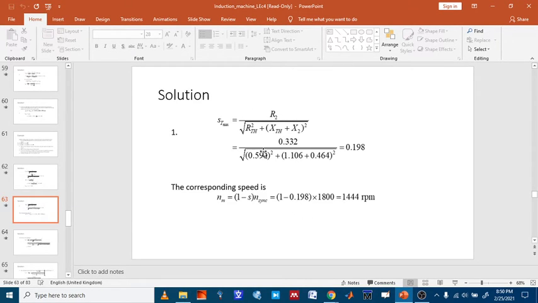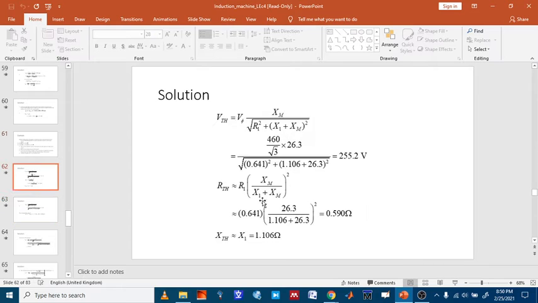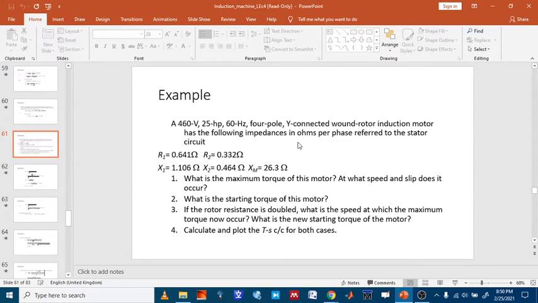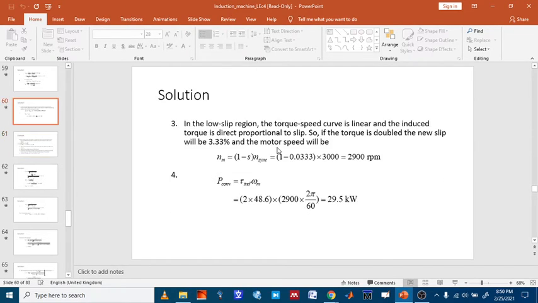Let's do substitution. R2 you know everything, RTH you know, XTH you know. This is the slip. What about the motor speed? The speed will be 1 minus the slip, the slip is this. 1 minus 0.19 times the synchronous speed. The synchronous speed was given to be, okay, you calculate the synchronous speed.